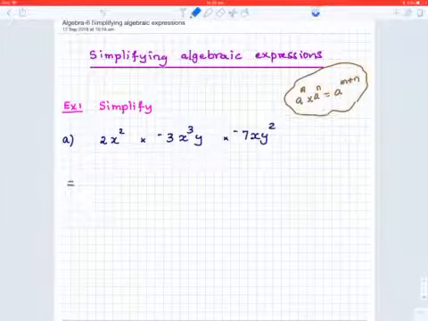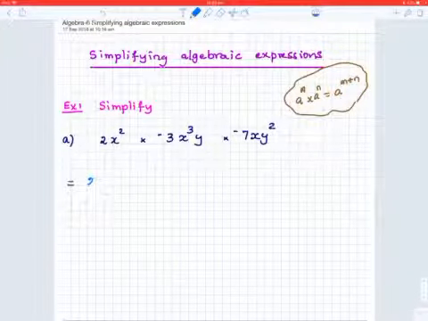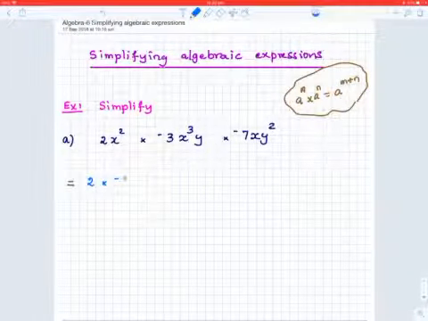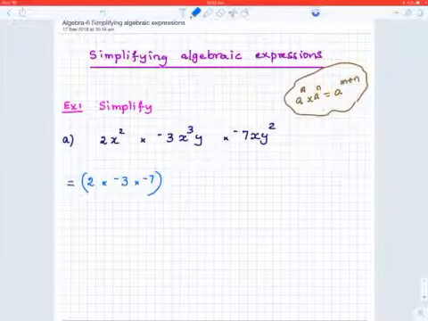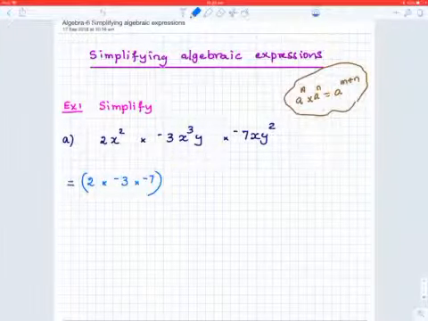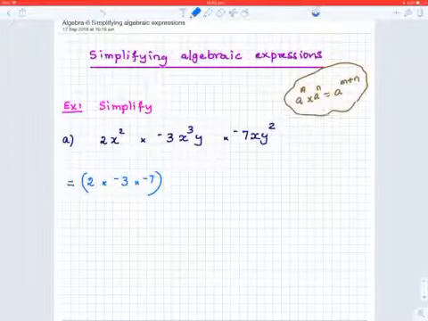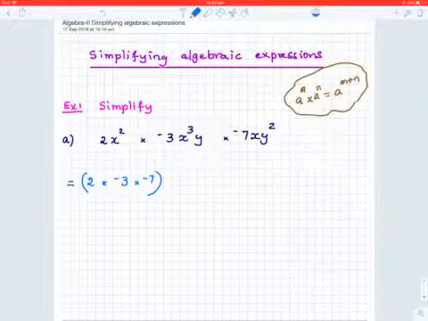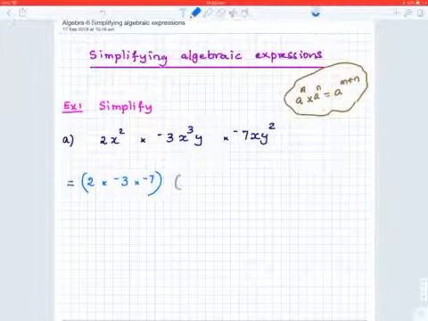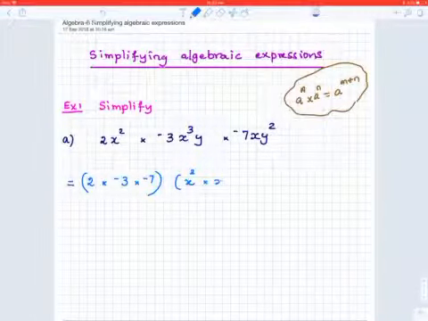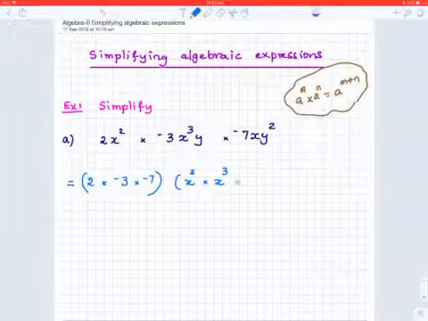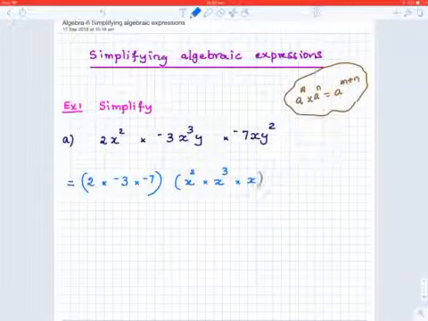So I'm going to put the number component separately, which means 2 times minus 3 times minus 7. I group the numbers first, then pronumerals in alphabetical order. So then I'm going to put all the x together: x squared times x cubed times x.